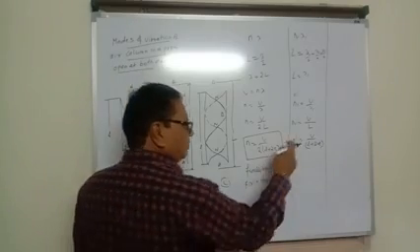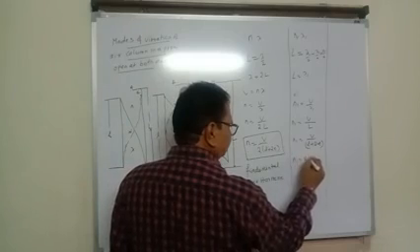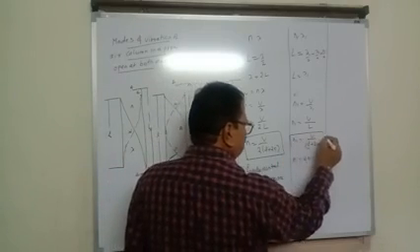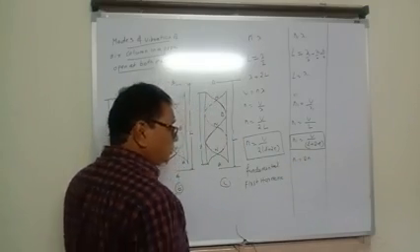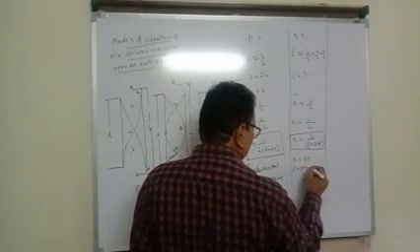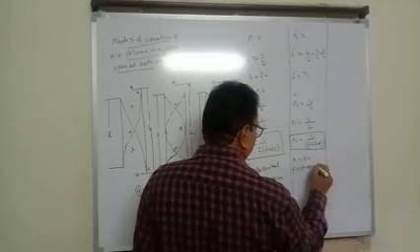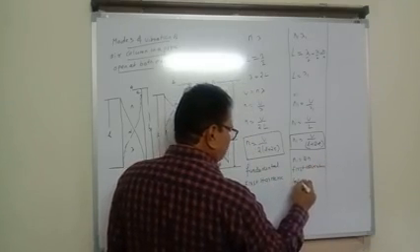If you compare N1 with L, we get N1 is equal to 2N. Hence, the frequency of vibration in this mode is called first overtone, or it is called second harmonic.